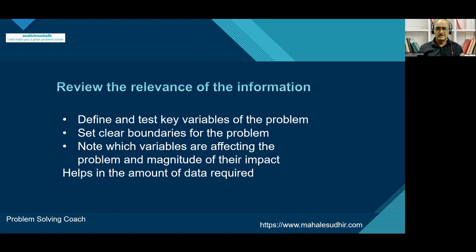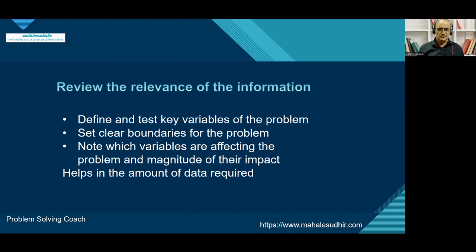We can say that we will do only this much, our assembly process only, and that we will not be doing further delivery outside the gate. Once it leaves the factory or our office, other people will take care of it. So within the boundaries, what we can do, we have to select clear boundaries.